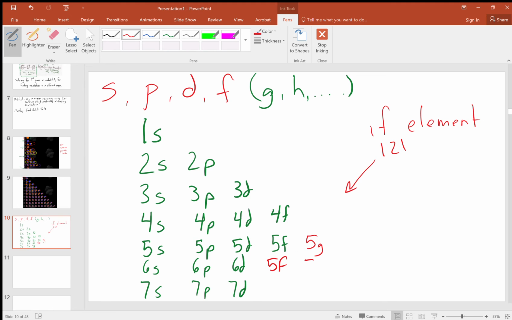Not 5f, but 6f, 6g. In theory, there would be a 6h, 7f, 7g, 7h, and again, in theory, 7i. But again, any of those names of orbitals that I've put in red, they're currently irrelevant because there's no elements that involve any electrons in those orbitals.